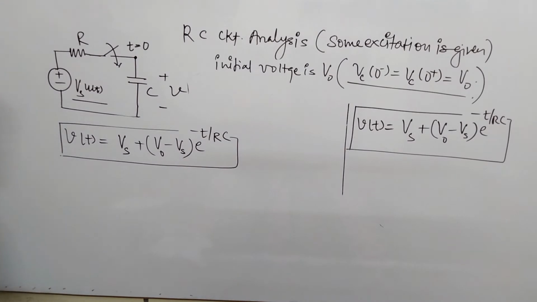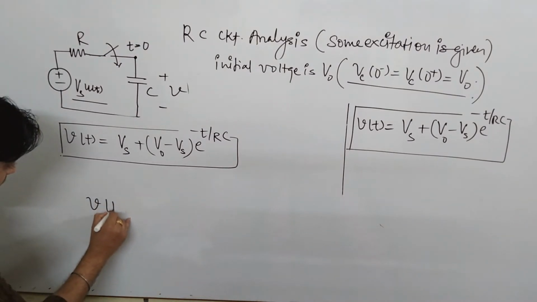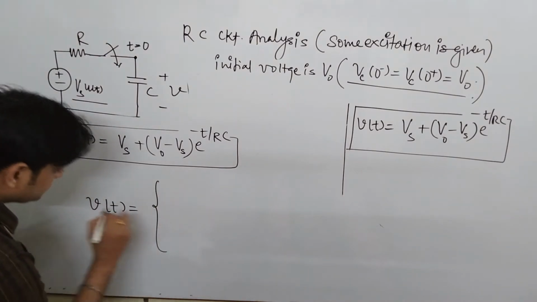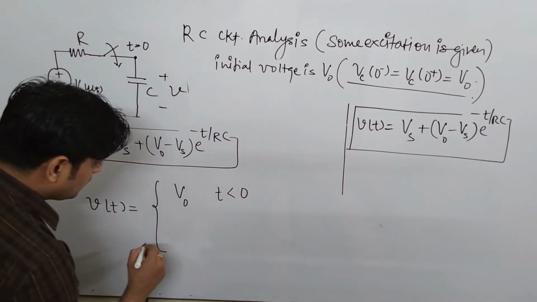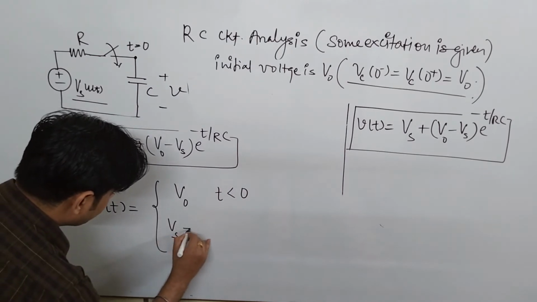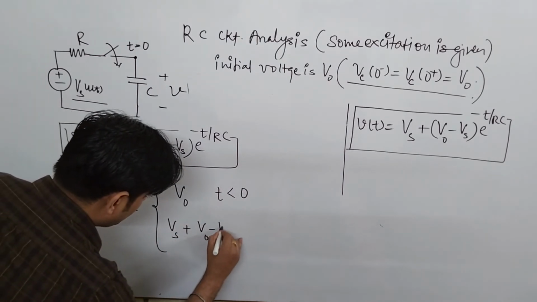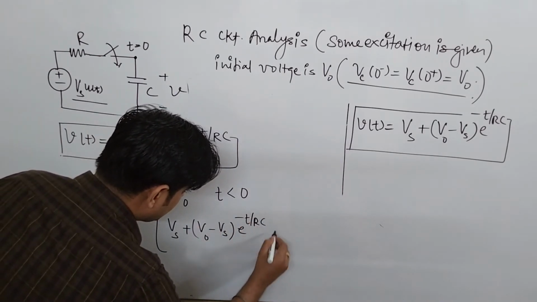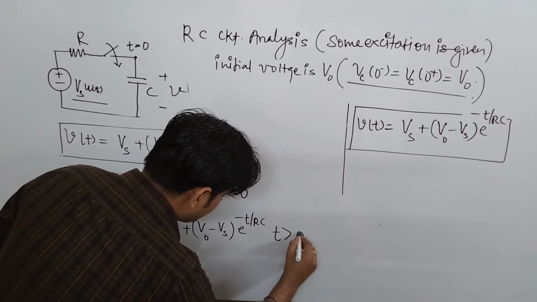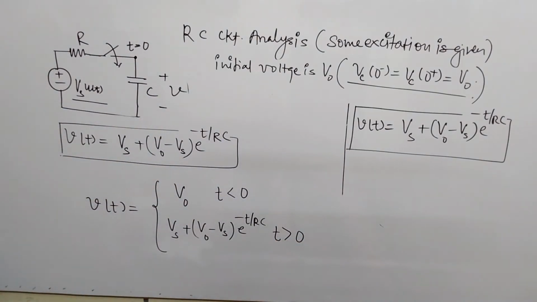If I write this voltage in terms of a time function, it is V naught when t is less than 0, and Vs plus (V naught minus Vs) e to the power minus t by Rc for t greater than 0. Yes, this is the solution of voltage across the capacitor when the switch is closed.